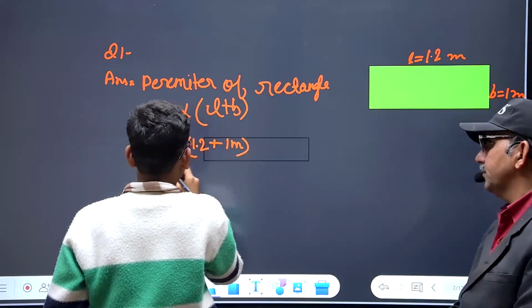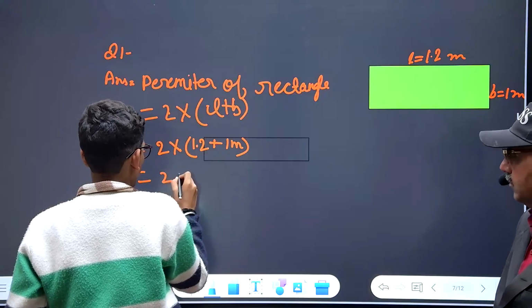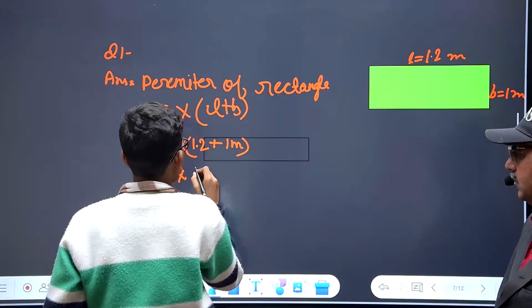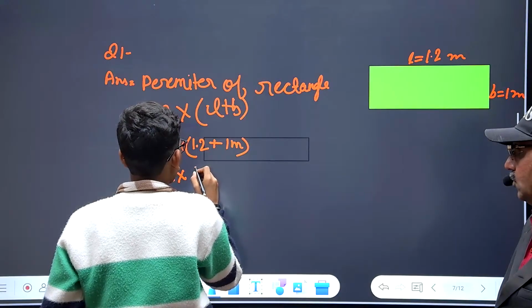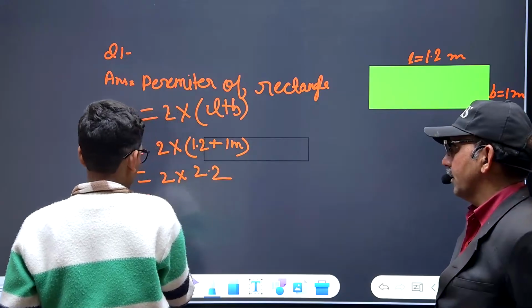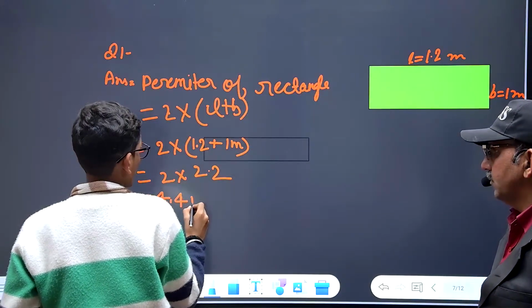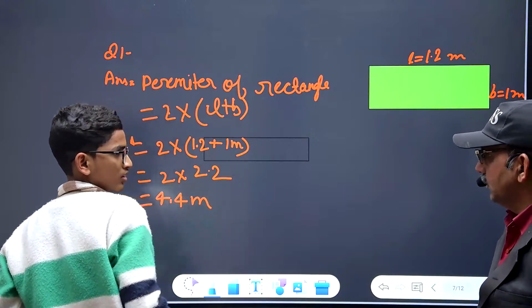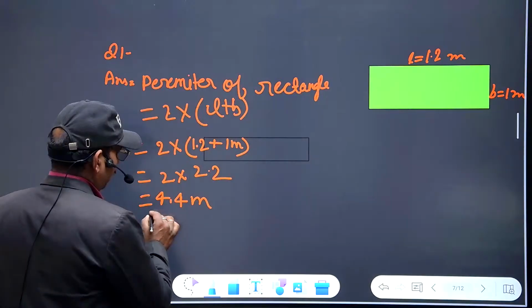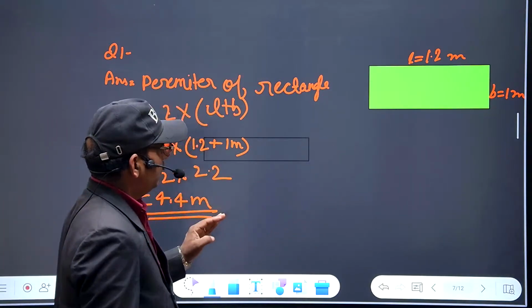One meter. Two point. The answer is 4.4 meter. Okay.